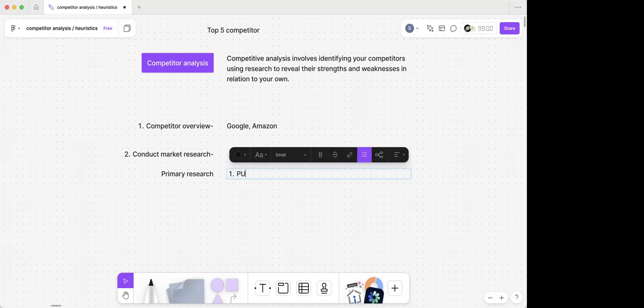You can start by purchasing your competitor's product. This is the first point. As I said, they will be listed on the marketplaces. There are so many marketplaces, correct? So you'll check out Amazon, Flipkart, maybe eBay or anything else. You'll purchase their product, check out the quality, the pricing, how they have listed the product, and the design.